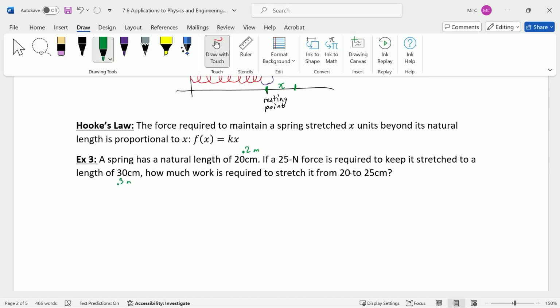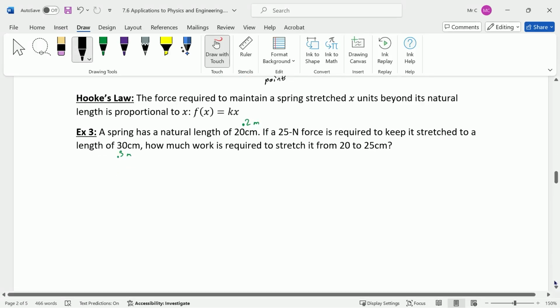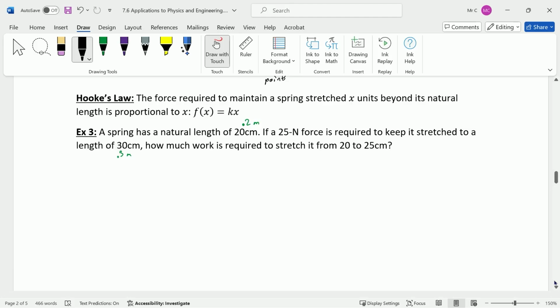But there's a second tricky part here, which is that the spring has a natural length of 20 centimeters, but that's not the distance I'm concerned with. I'm concerned with how far I'm stretching away from 20 centimeters. So we've got our spring, and its resting point is here.